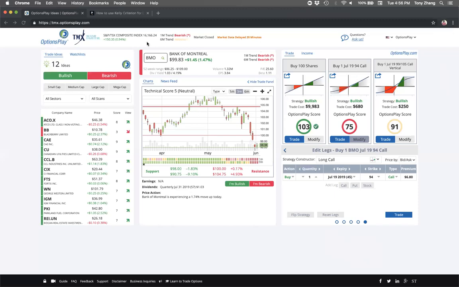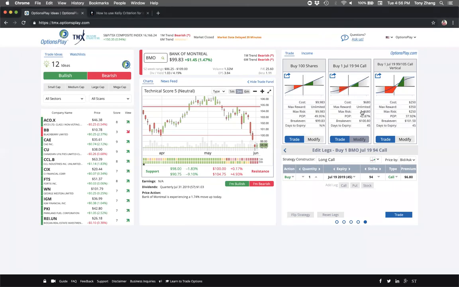Silvana is asking, how well has the OptionsPlay score worked out in the past? So the OptionsPlay score is not an actual score on the trade per se. It's not telling you whether a trade is going to work out or not. The OptionsPlay score just tells you the risk or reward of an option. It's telling you how cheap or expensive a call or a put is. So buying this call option at 680 bucks is quite expensive, and that's why it's got a score of 75.